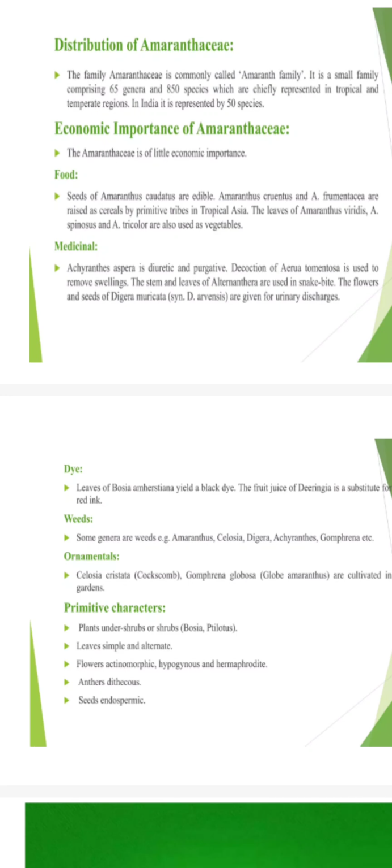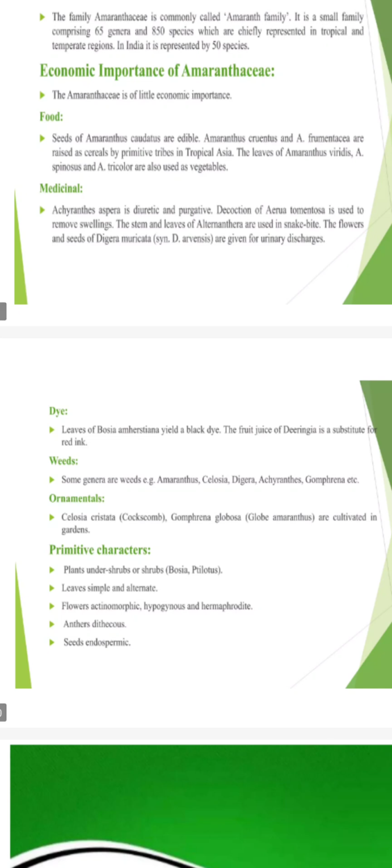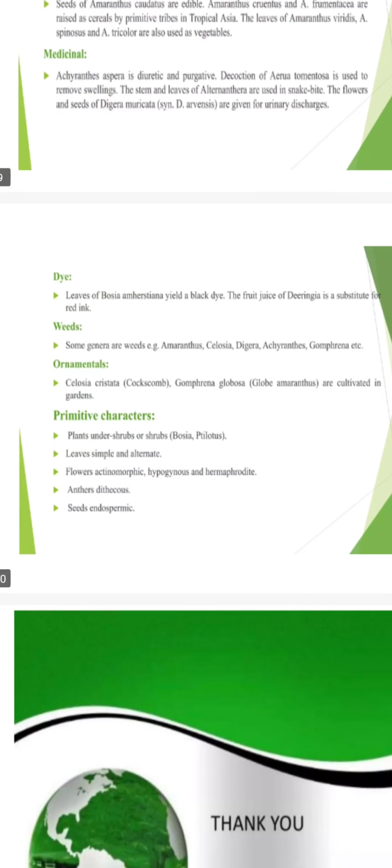Then medicinally, Achyranthes aspera, we call it aghada, is a diuretic and purgative. A decoction of Aerva tomentosa is used to remove swellings. The stem and leaves of Alternanthera are used in snakebite. The flowers and seeds of Digera muricata are given for urinary discharges. So these are some medicinal importance of plants belonging to this family.